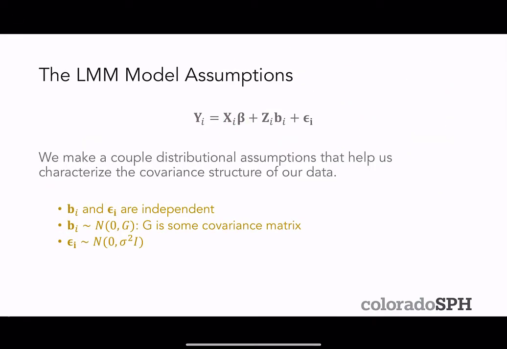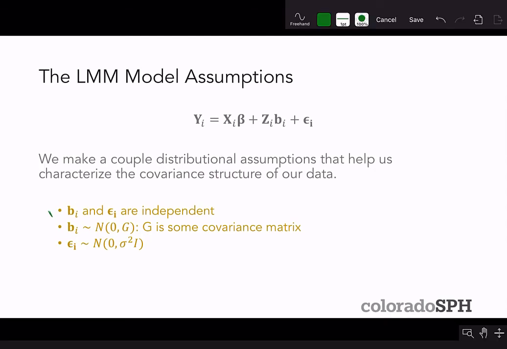So one more thing about this general form of the linear mixed effects model are the model assumptions. So we make a couple of distributional assumptions about this model that help us characterize the covariance structure of our data. The first is that the random effects bi and the measurement error epsilon i are independent.